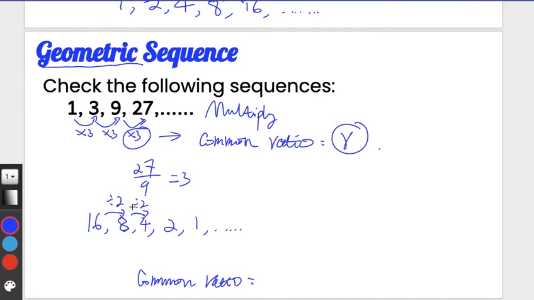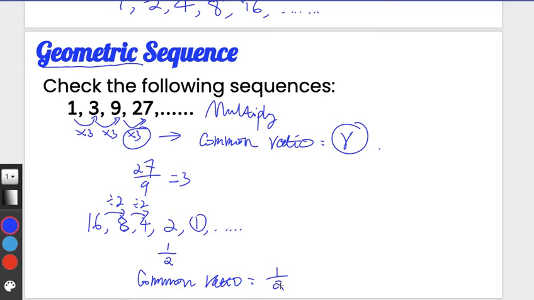You're right, it's dividing by 2, but when we say the common ratio, we need to figure out the number to multiply. So what you can do is take a later term and divide it by the previous term, which gives 1 over 2. Whichever consecutive terms you choose, you will get the same common ratio. So for this case, it is 1 over 2. This one is getting smaller and smaller. That's just a different type of geometric sequence.